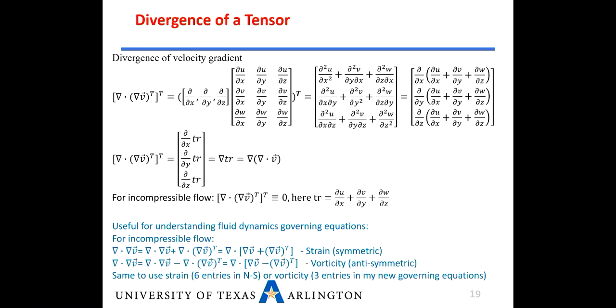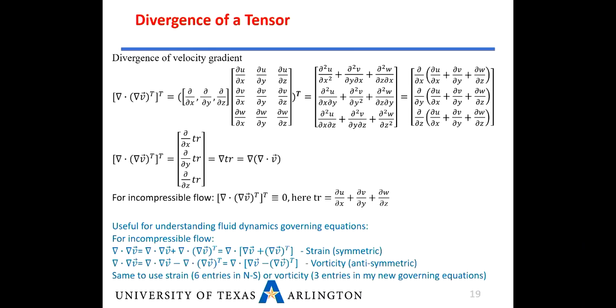So how do you write a constitutive relation? Constitutive is another issue that should be related to the gradient of velocity. In Navier-Stokes, they don't use the gradient of velocity. They just use stress and strain, which are symmetric. But I use vorticity, and the result is the same. Why?